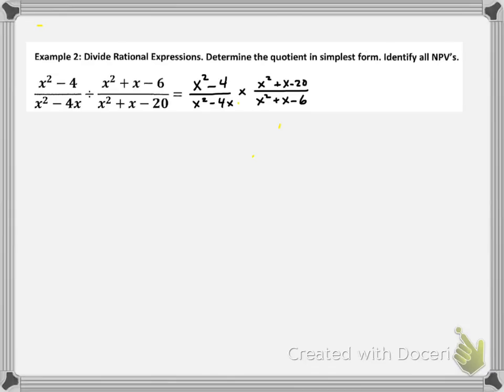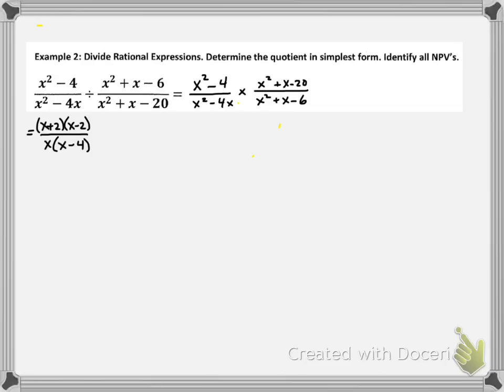In the first one, x squared minus 4, well, that's x plus 2 times x minus 2, the difference of squares. X squared minus 4x, all we can do is factor out an x, and we're left with x times x minus 4.